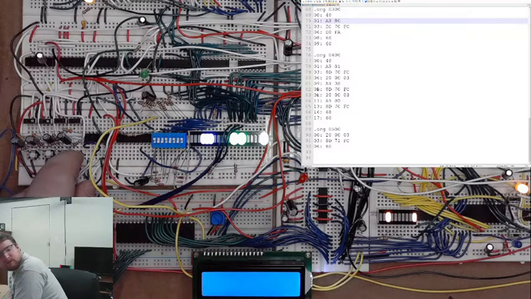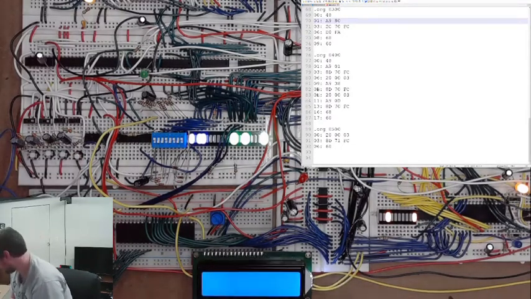Okay. 38. Yep. 8D. 70. FC. 2003. A9. 38. That's not 38. Am I looking at the right one is the next question.